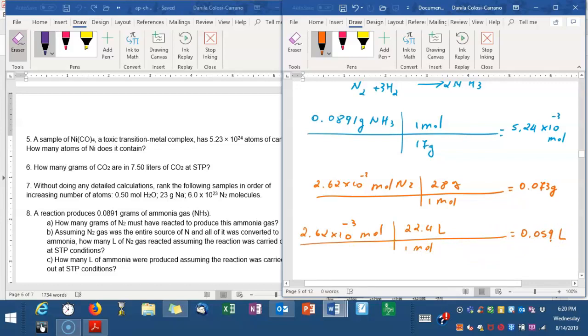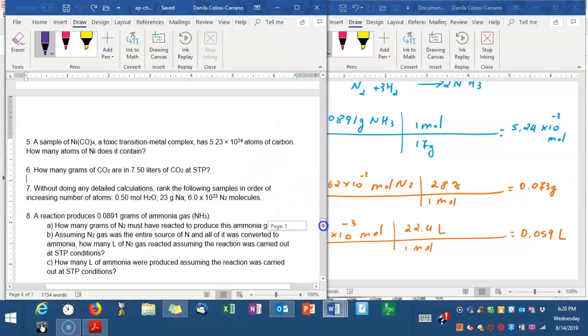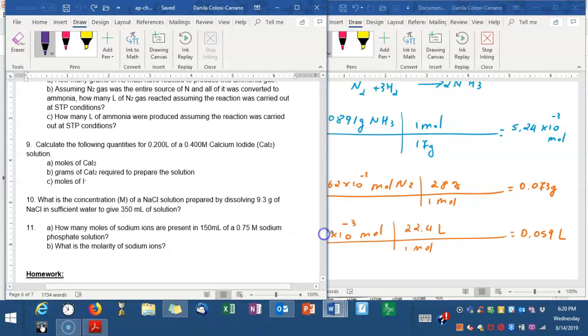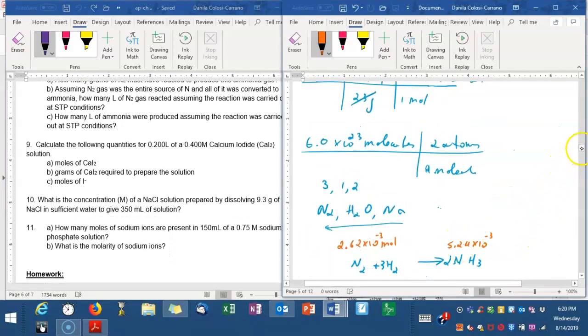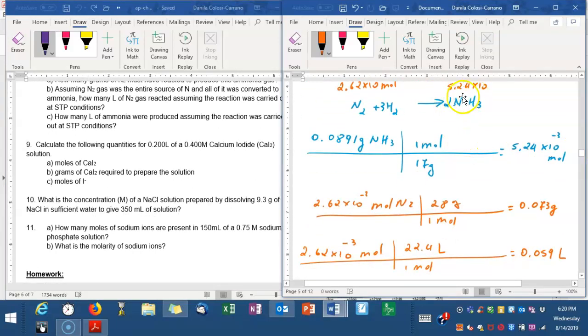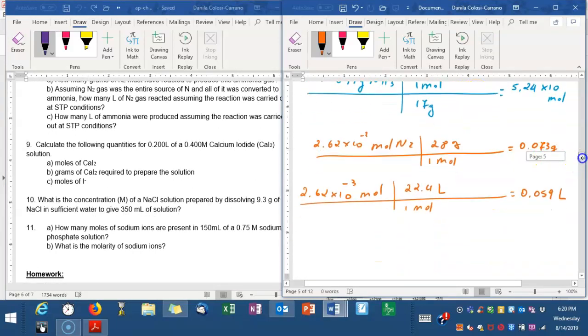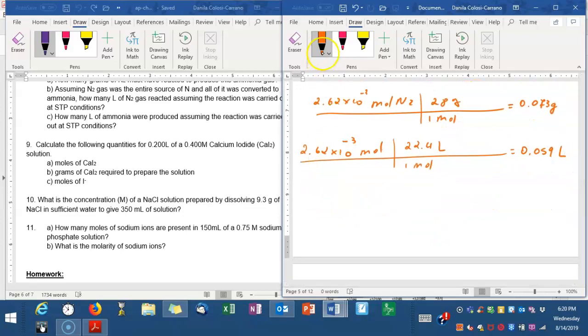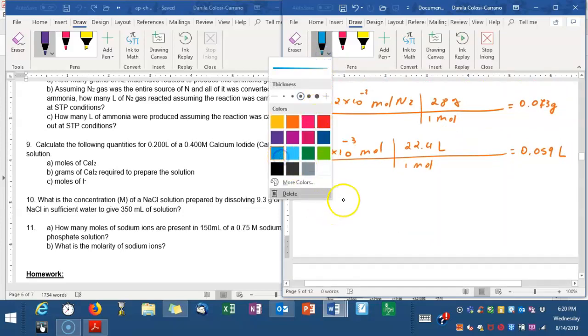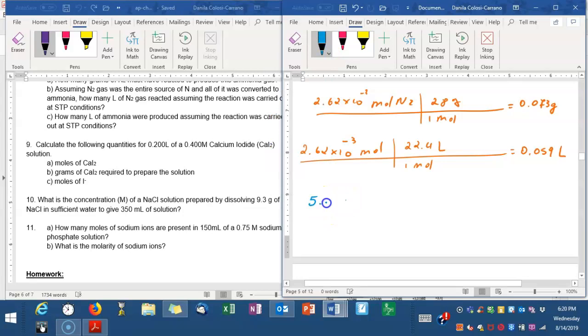liters. And then how many liters of ammonia were produced, assuming the reaction was carried at STP? So if it was carried at STP now, let's change this one. So your moles were 5.24 e negative 3 for the ammonia. So 5.24 times 10 to the negative 3 moles of ammonia.